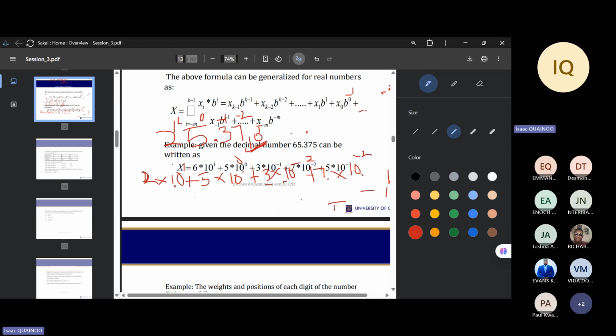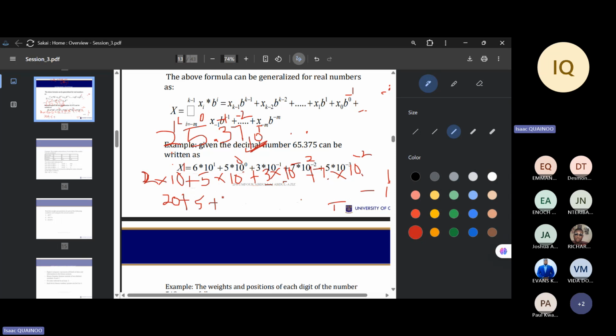Now let us perform this computation. 2 times 10 raised to the power 1. 10 raised to the power 1 is 10, so 10 times 2 is 20, right? Plus 10 raised to the power 0 is 1, so 5 times 1 is 5. Plus 3 times 10 raised to the power -1, which is the same as 3 times 0.1.